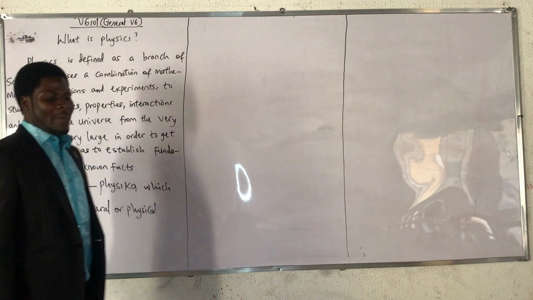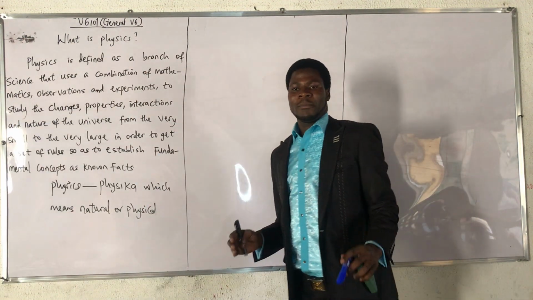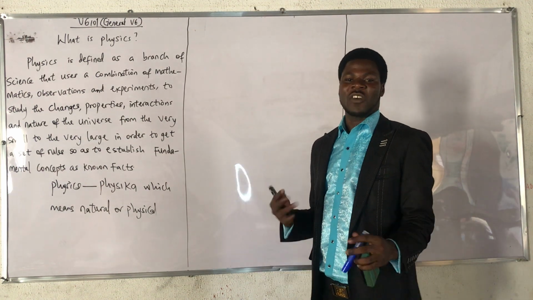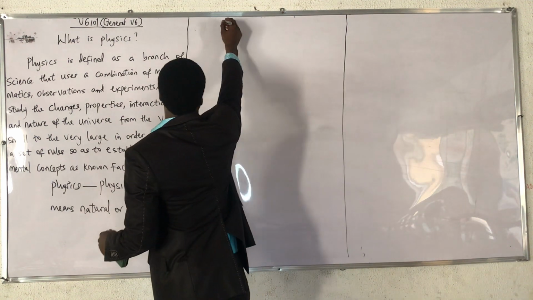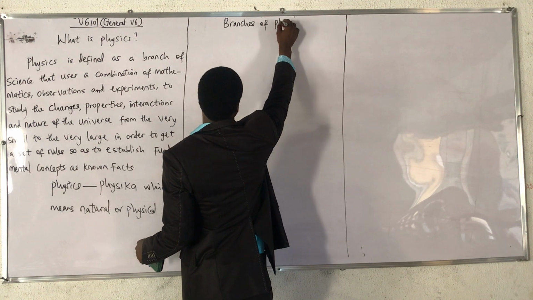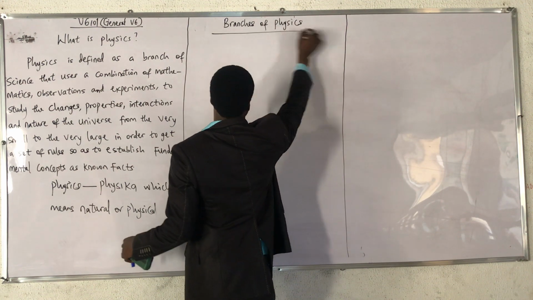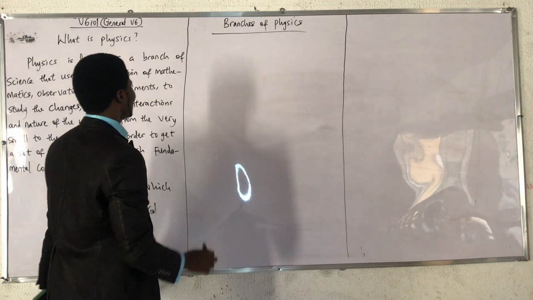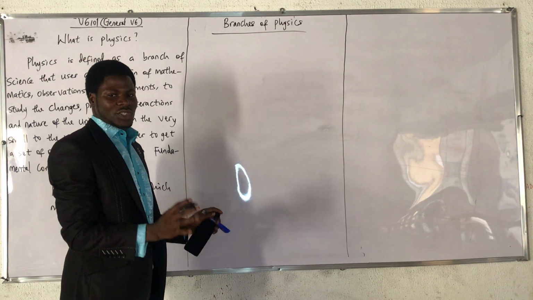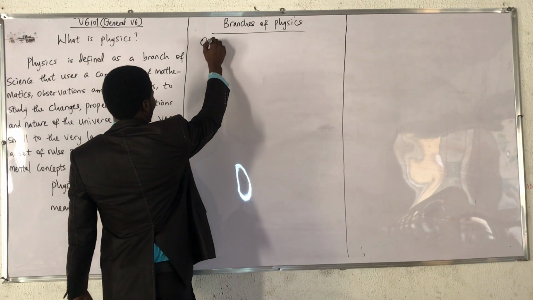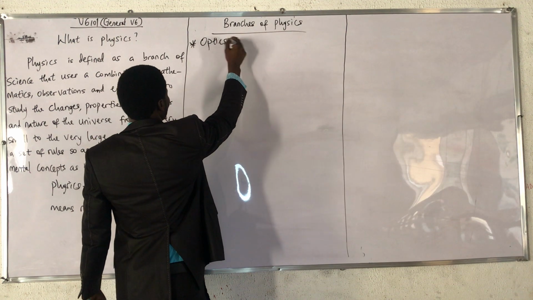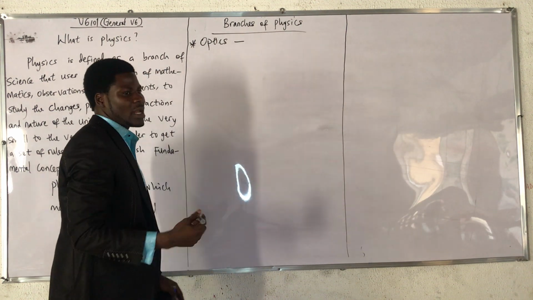Okay? Let me quickly introduce you to branches of physics. We have a lot of branches of physics. We have some that study light, optics, and in most cases the main use of laser.